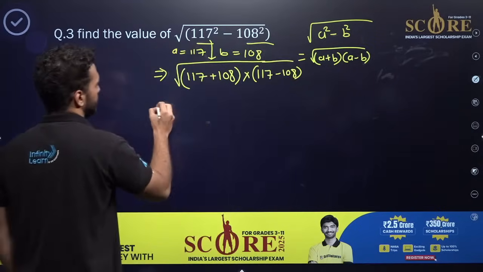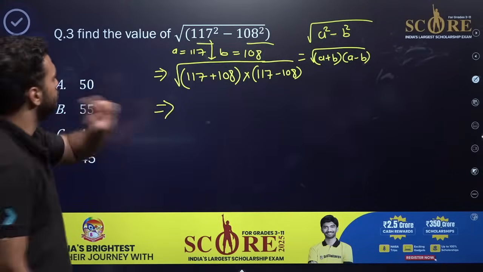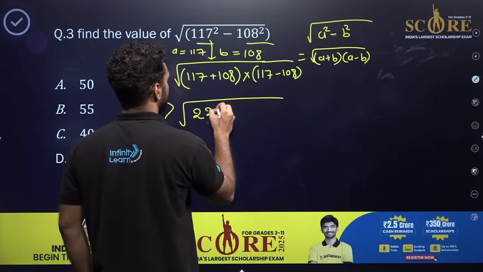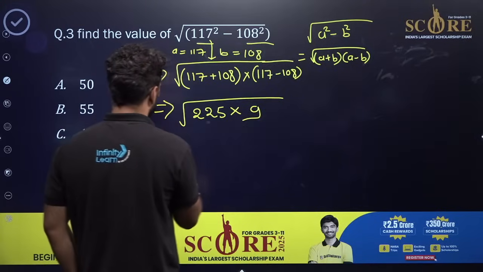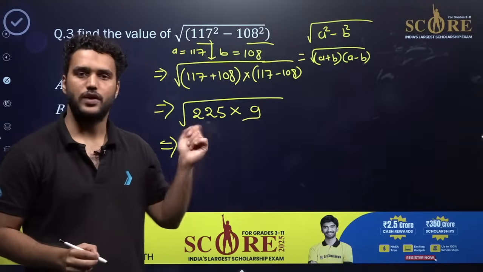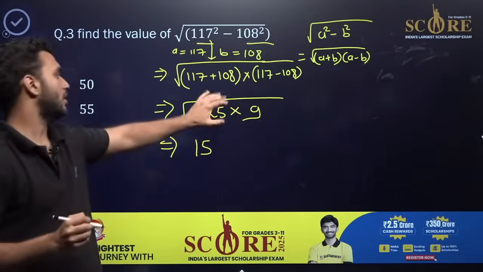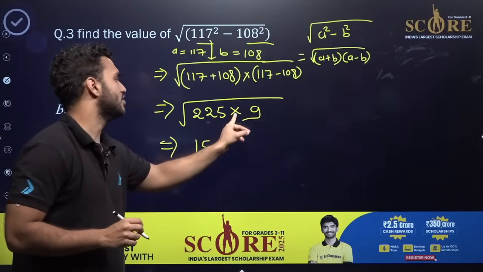Is it clear, guys? Now what will I get here? Sir, 225 multiplied by 117 minus 108, which is 9. Okay, 225 is a perfect square number, which is 15. I will get 15 out of the root. Why? Because 225 is a perfect square number and it has a relation of multiplication.